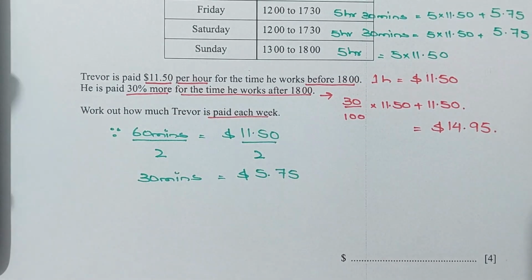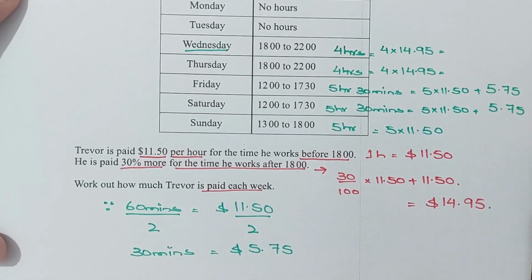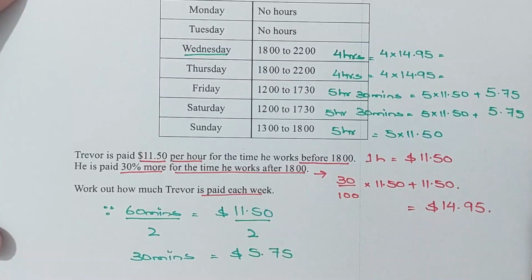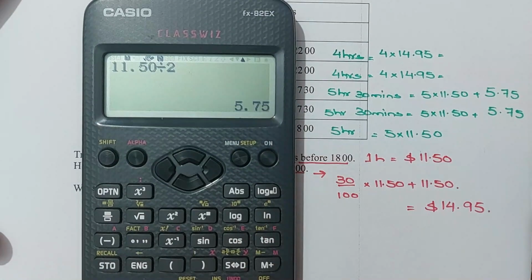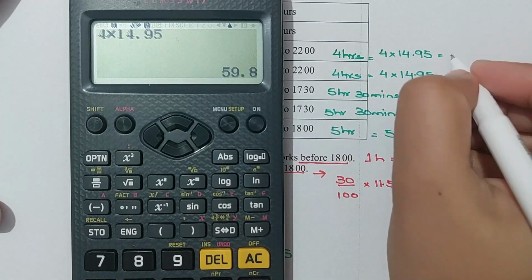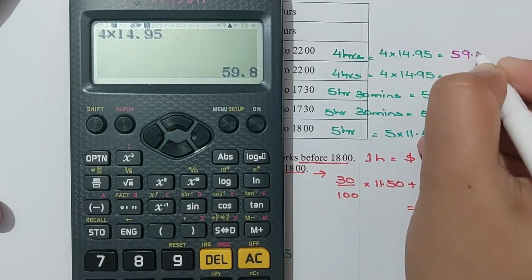So Monday, 0, because no work. Tuesday, 0, no work. Now for Wednesday, we can say 4 times 14.95. This is 59.8.